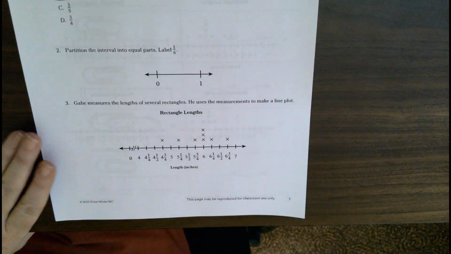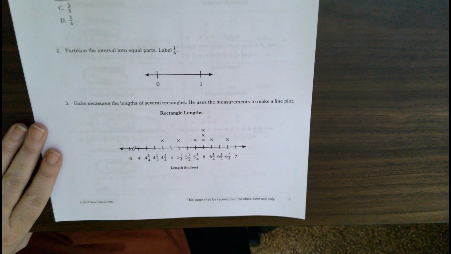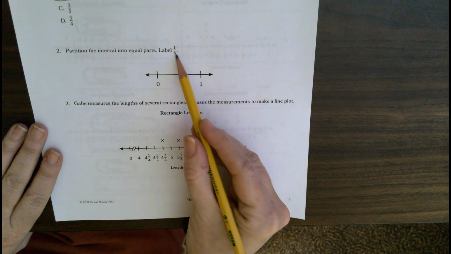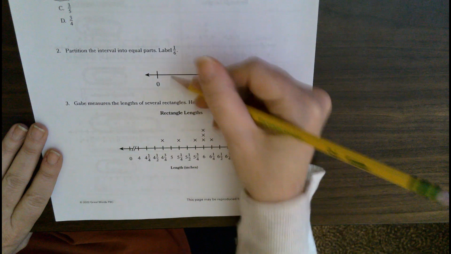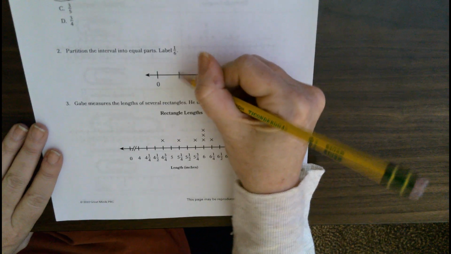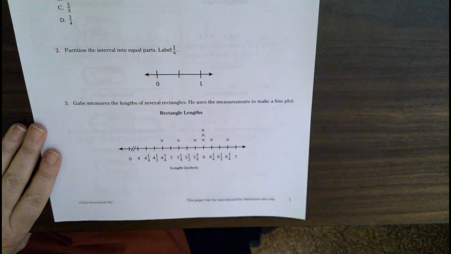Number 2, partition the interval into equal parts and label 1/6. One of the things we talk about is if the number of parts, the sixth, is an even number, we can halve to start our partitioning. Then we think about what is half of 6.